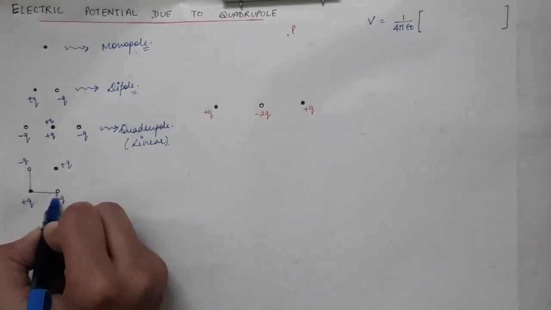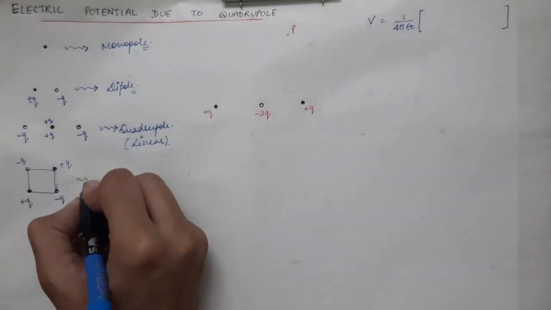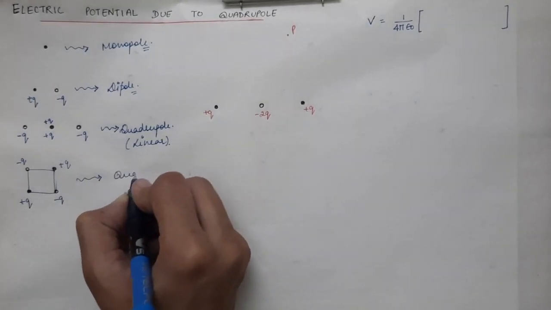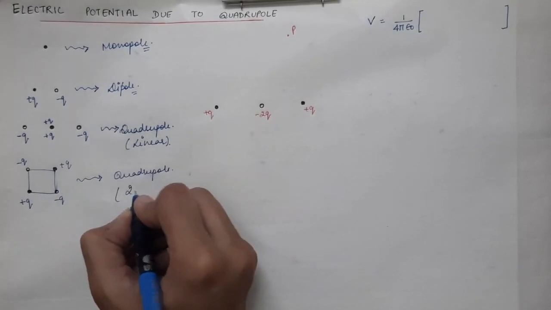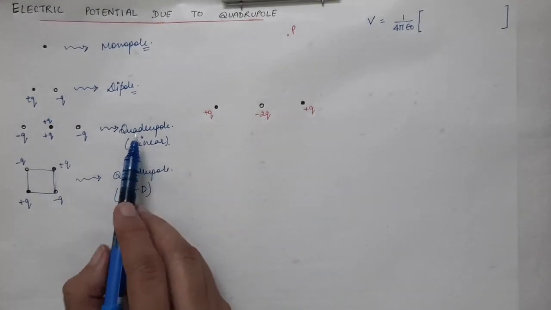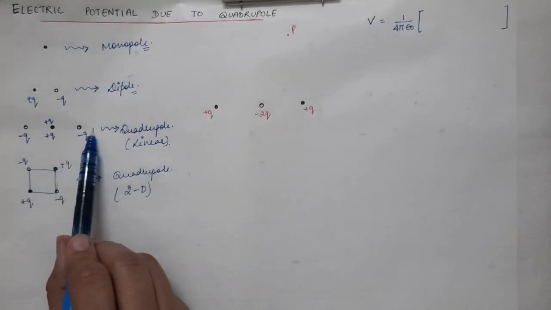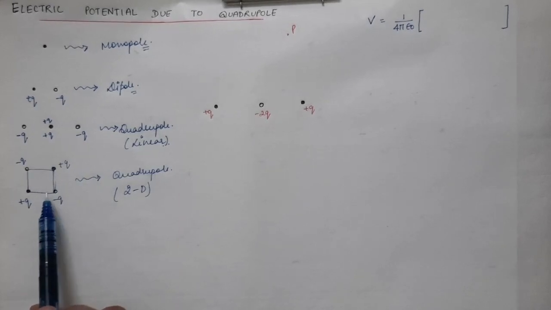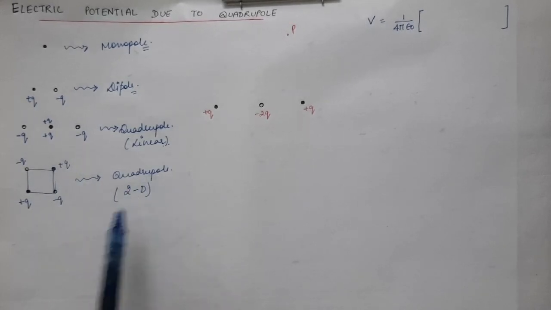This system of four charges of equal and opposite charges is also called a quadrupole, but this is the two-dimensional quadrupole. This one is also a quadrupole, but it is a linear quadrupole because charges are placed on a line, whereas this system is a two-dimensional quadrupole.